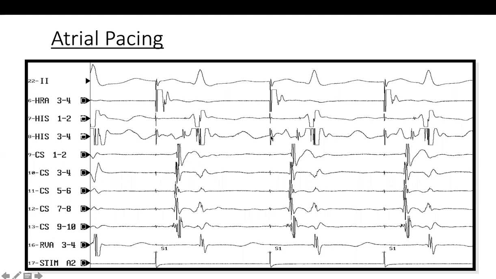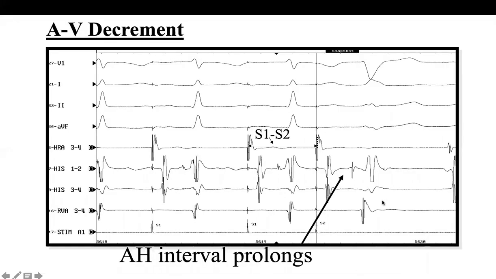The same thing happens here: atrial, His, ventricle, atrial, His, ventricle. So you are expecting the AH interval to increase when you stress the AV node itself.